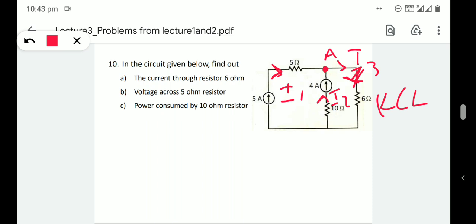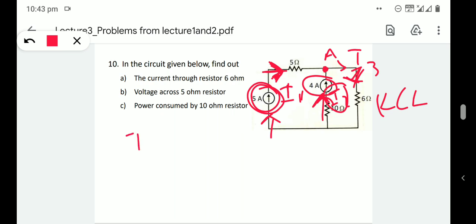Since the direction of this current source is upward, we mark the direction of I1 the same as that of the 5 ampere current source. Then the direction of I2 is marked the same as the direction of the 4 ampere current source.